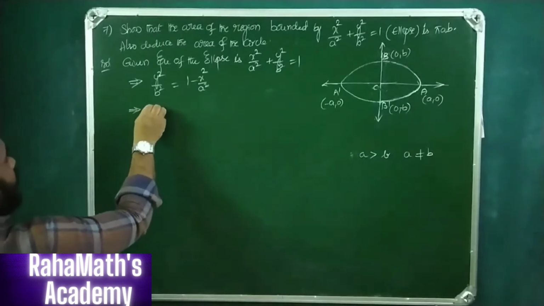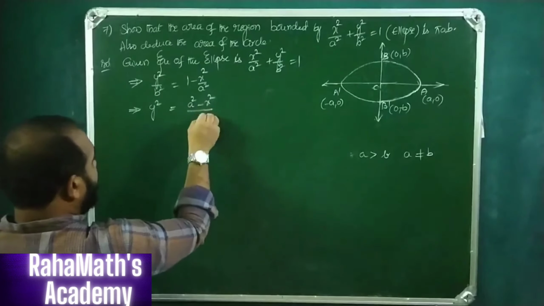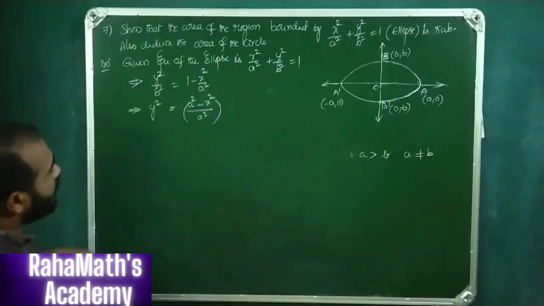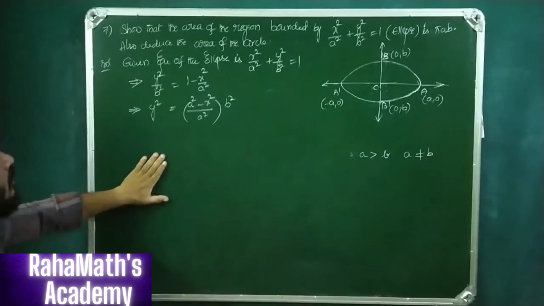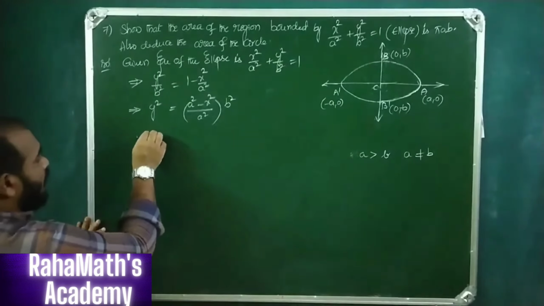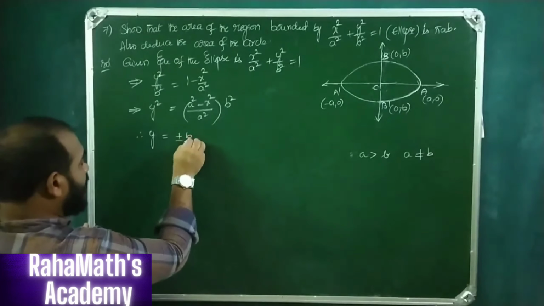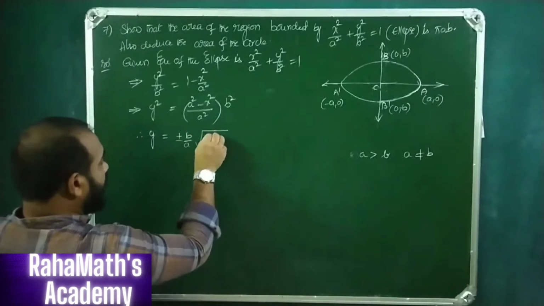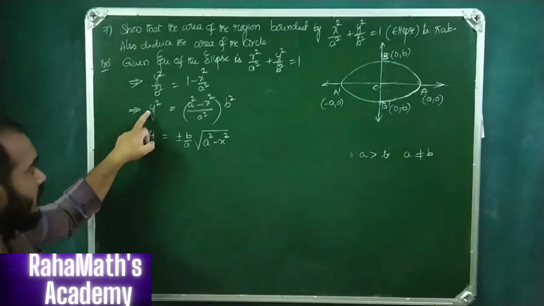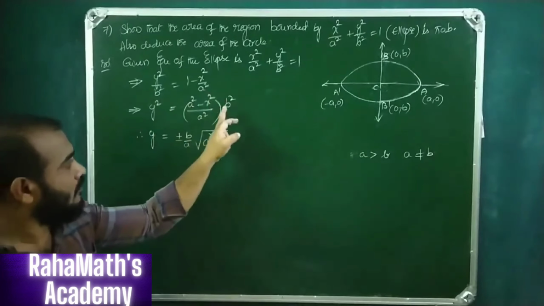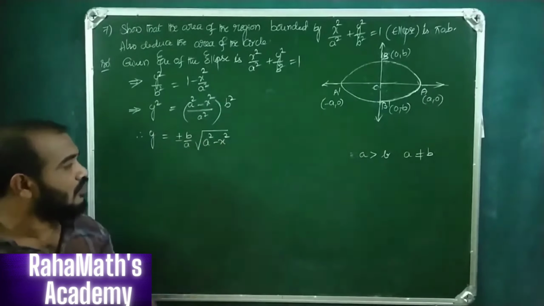This is equal to y square is equal to a square minus x square by a square into 1 by b square. If you transpose to that side, it is into b square. Therefore, y is equal to plus or minus b by a into square root of a square minus x square. The square and square root get cancelled and we have root a square minus x square.